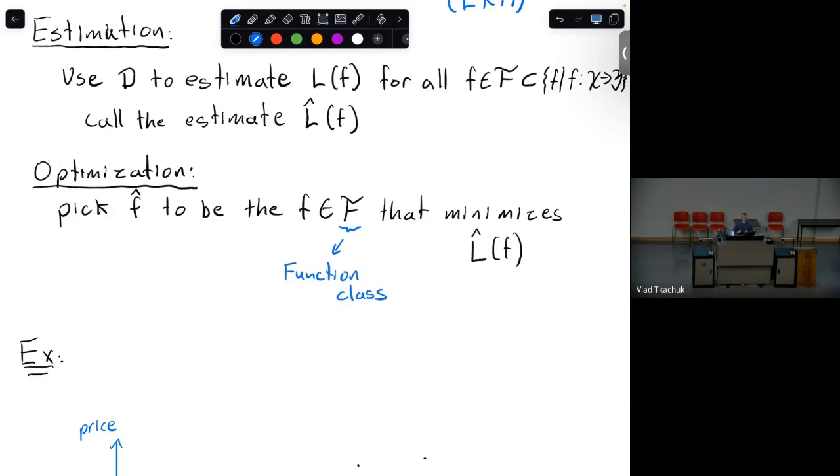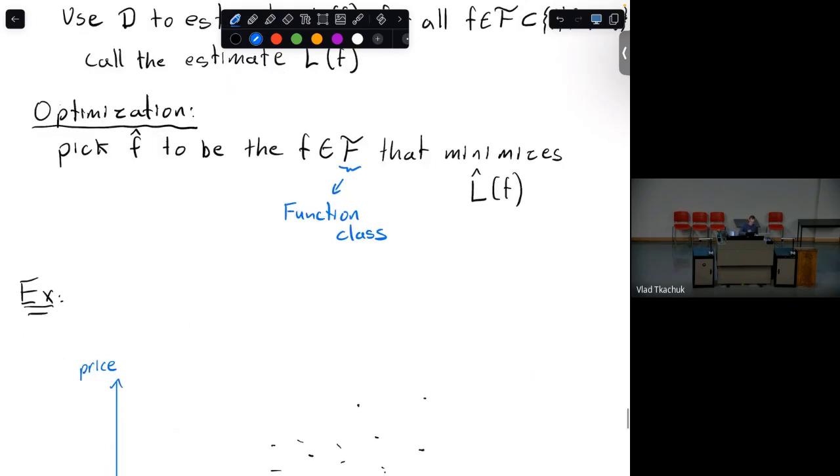It's the class of functions we search over, and we want to pick the best one from that. So we should pick a function class. So let it be all linear functions. So this would be all the lines in 2D, right?